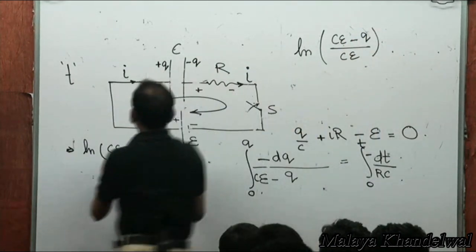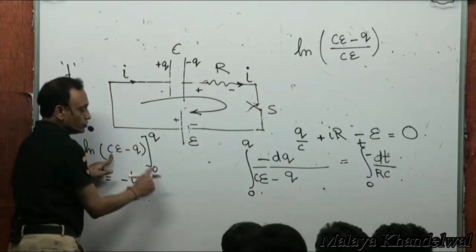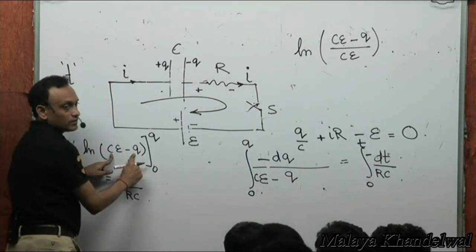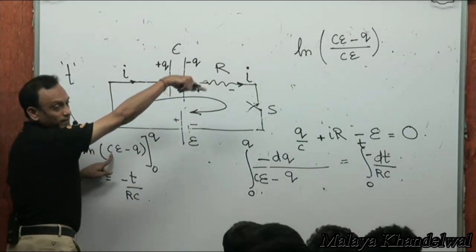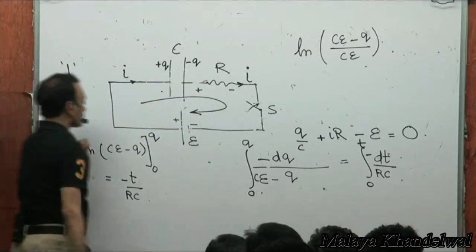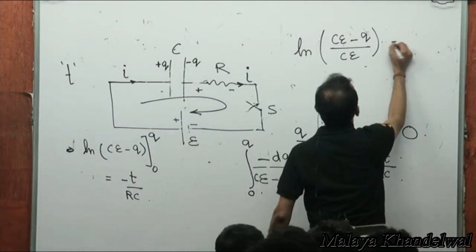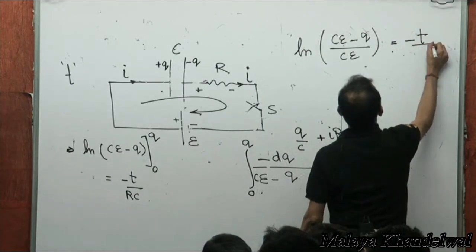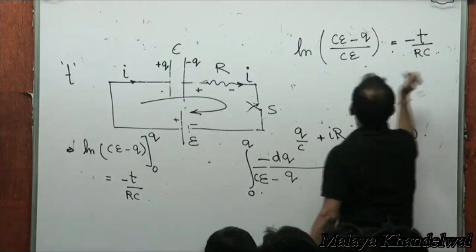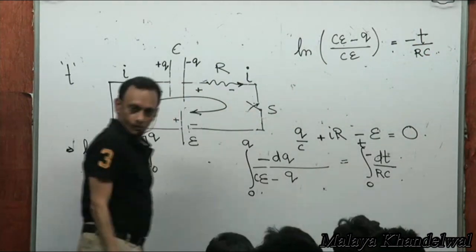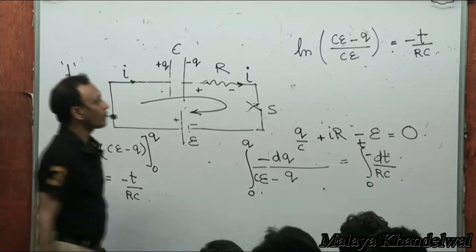At q, it's log of C epsilon minus q. At q equal to 0, it's C epsilon. So log a minus log b is log a by b, right? And that must be equal to minus t by RC. Right?